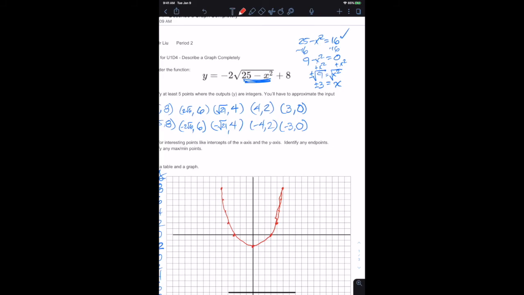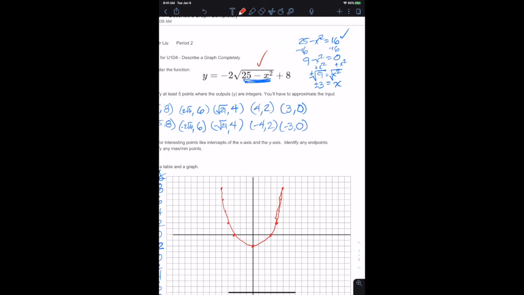Can it go taller than 8? Well, in order to go taller than 8, I would need for this guy to go negative, because negative times negative is a positive, and that's the only way that we're going to get something added to 8.